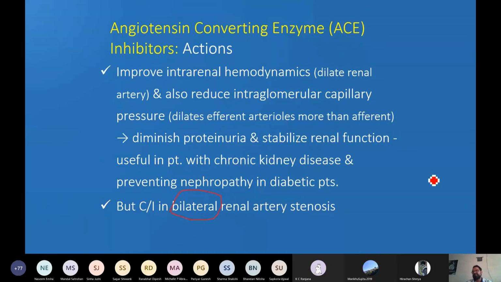And then what happens? If the renin angiotensin system increases, then there will be very potent vasoconstriction and the BP will shoot out. So that is the contraindication. If you have found a patient who is suffering from hypertension and you didn't check the renal artery perfusion and renal function test of the patient, but you just gave it to a person who was suffering from bilateral renal stenosis, then the pressure of this patient will shoot up.